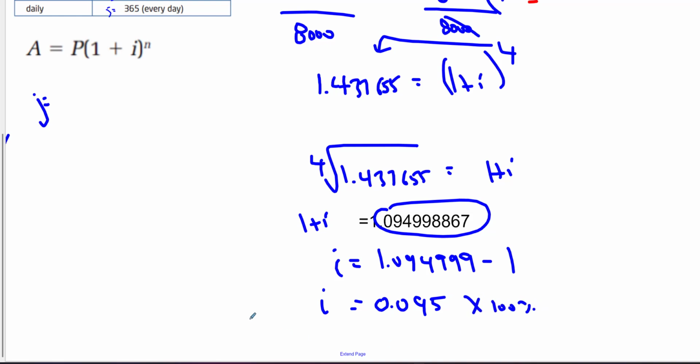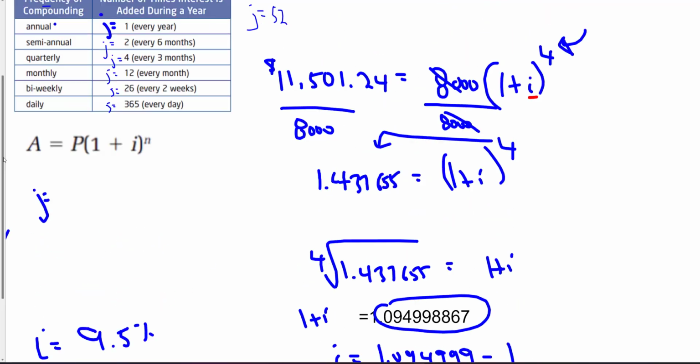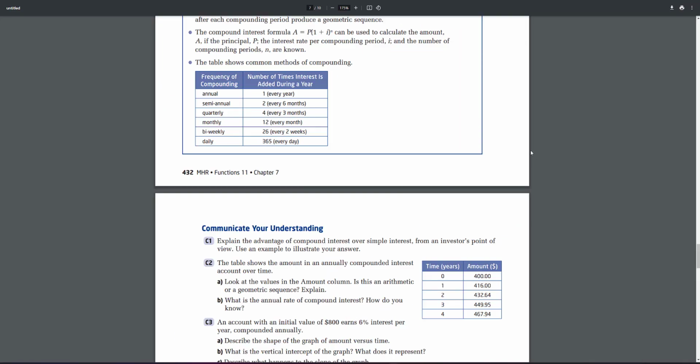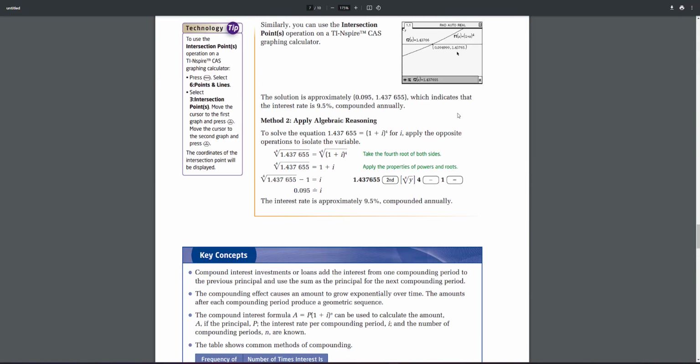Which is your I value, but if we want it in percentage, we just multiply it by 100%. So your interest rate is actually 9.5%. Which honestly, in today's days, isn't bad. So 9.5% interest rate.